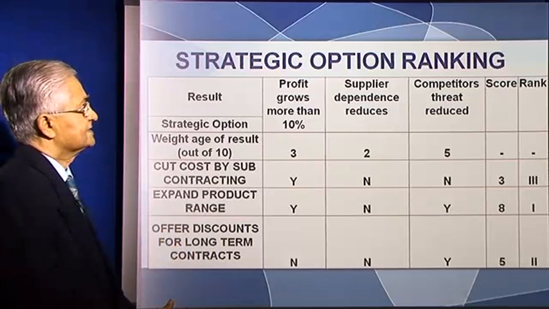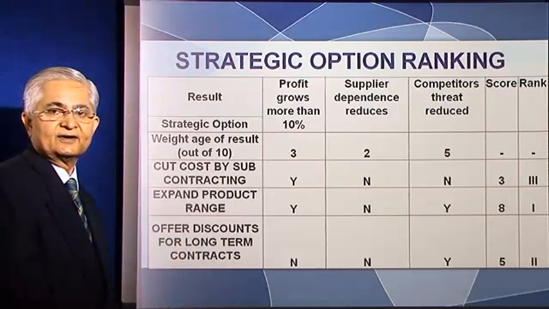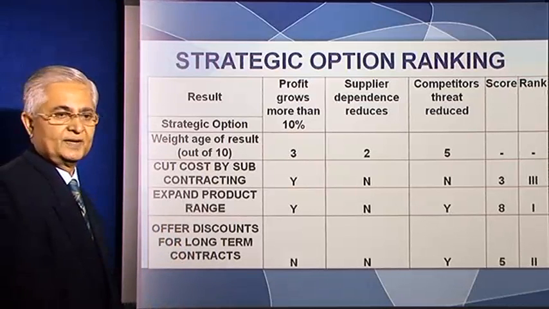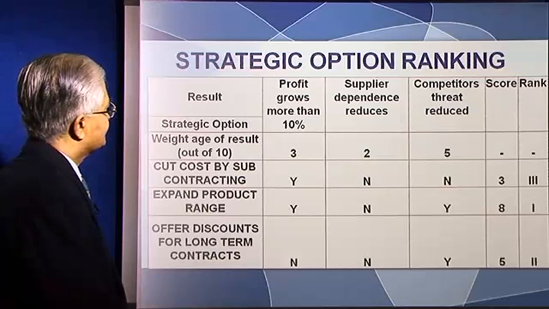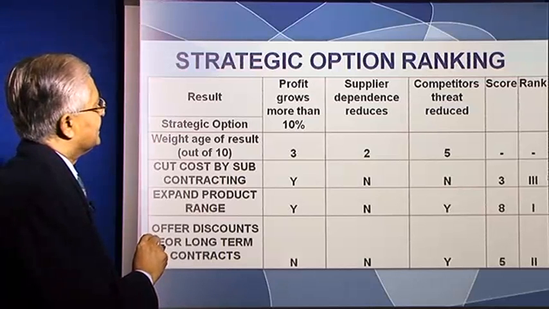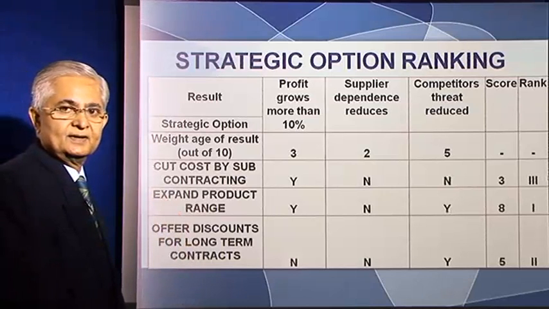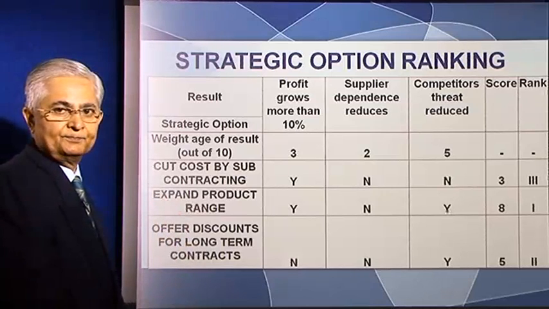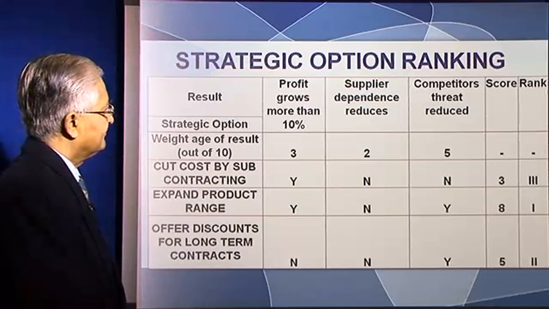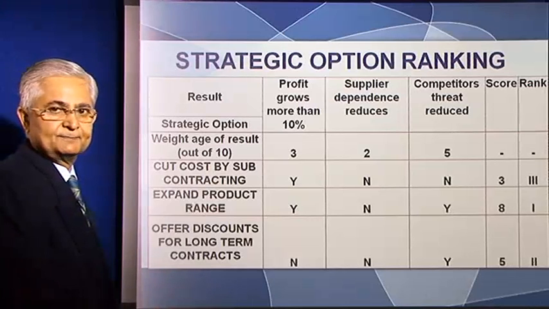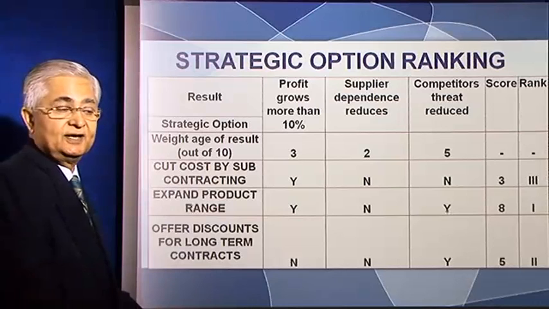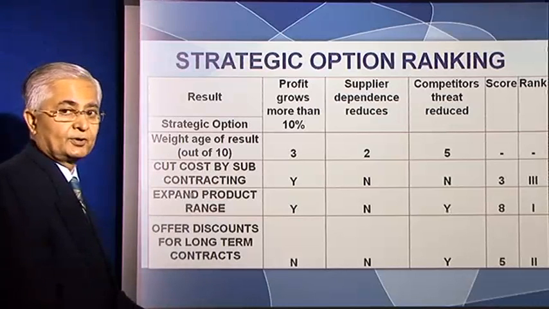So what is this technique of strategic ranking? What we have done here is to list out the key result areas which are important to the company and give a weightage to these areas, because each key result area is not equally important.